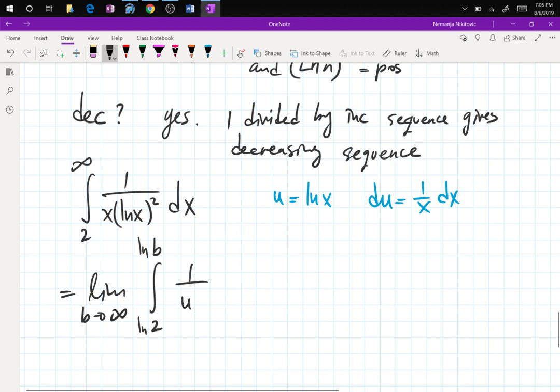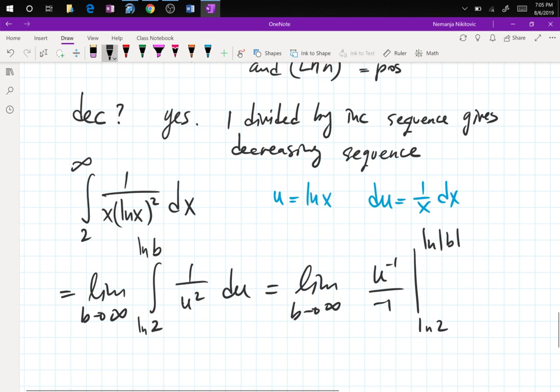We get 1 over u squared du. I'm integrating now. It's u to the minus 1 over minus 1 from ln 2 to ln b.